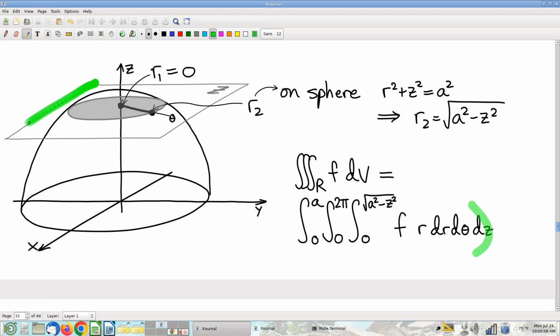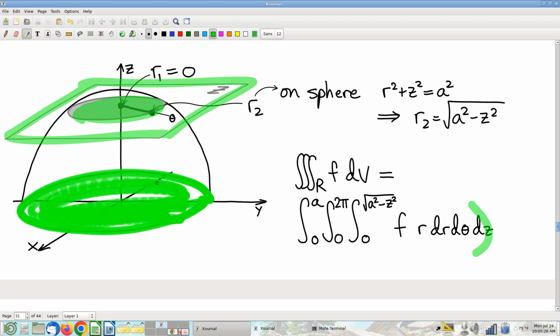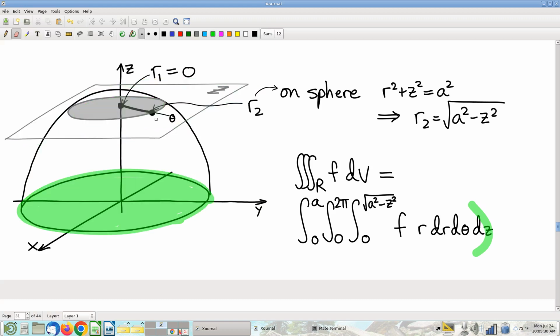Z slices look like that, which give me little actual slices of our domain that look about like this. So, where's the first and last of these things? I say the first z bound is this slice, and then the last one is up there.